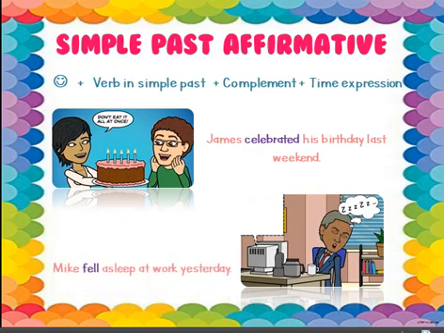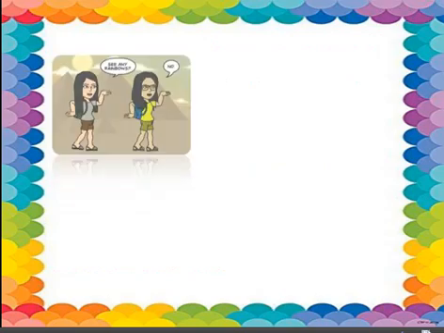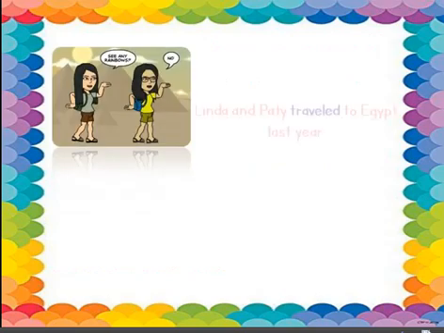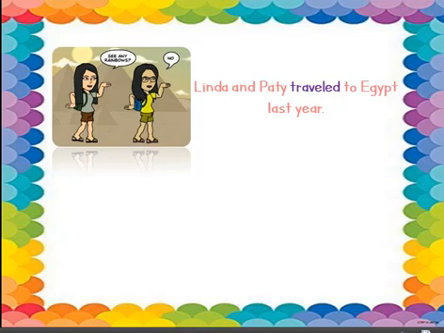Mike fell asleep at work yesterday. Check the verb. The present is fall and the simple past is fell. Linda and Patty traveled to Egypt last year.